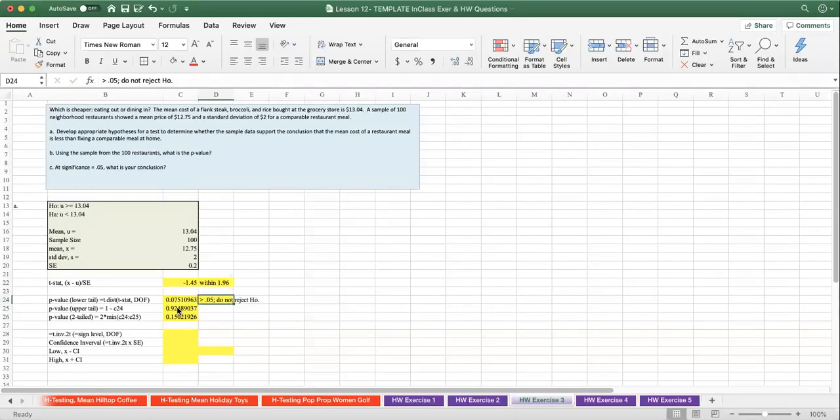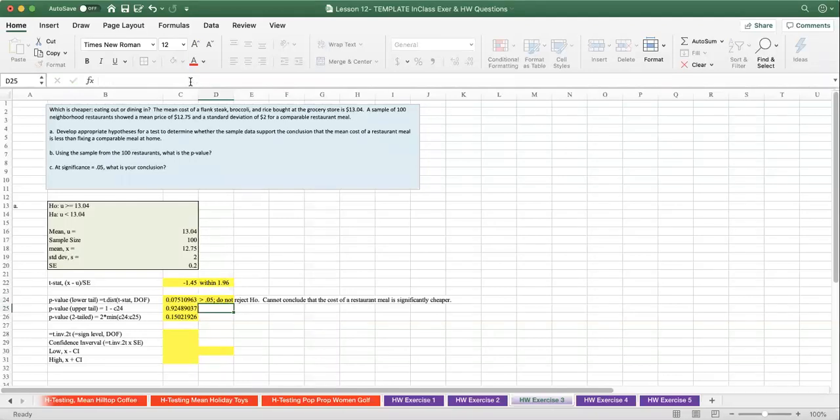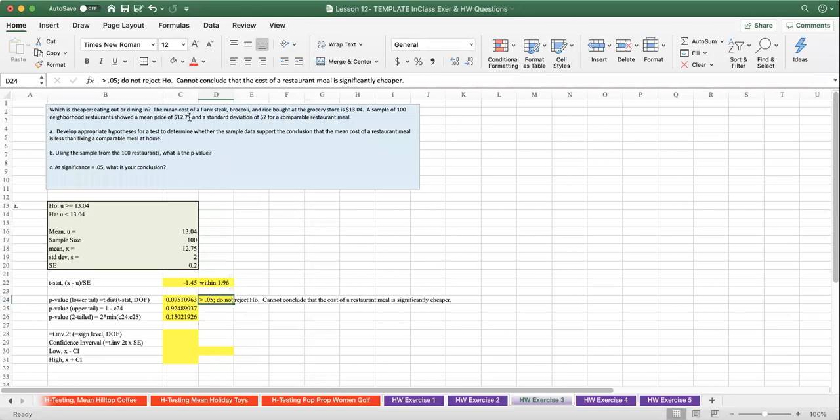And so we'd say, because remember, we're not accepting anything, we say we cannot conclude that the cost of a restaurant meal is significantly cheaper. Okay, so we can't make that determination just based on this average price, okay? Given the sample size and whatnot.